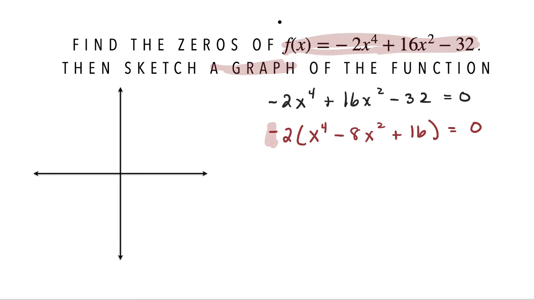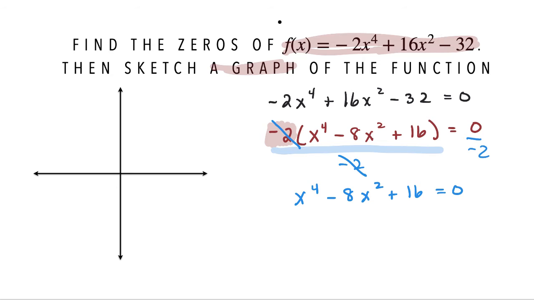This factor that you pulled out has no x associated with it. And so you can actually divide the left side by that number, in this case negative 2. You have to do it to the other side as well, but negative 2 over negative 2 is just 1. So really, because there was no x that we factored out, we would have no solution from that factor, and we don't even have to worry about it. So we just have to worry about this x to the 4th equation.